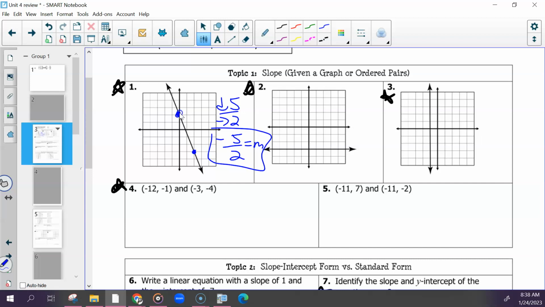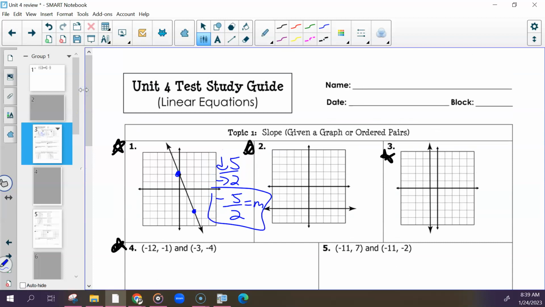For 2 and 3, remember your HOY LUX. If you want to write that along any type of problem you see that's horizontal or vertical, you can do that. So you remember what that means. I'm going to write it up to the side.